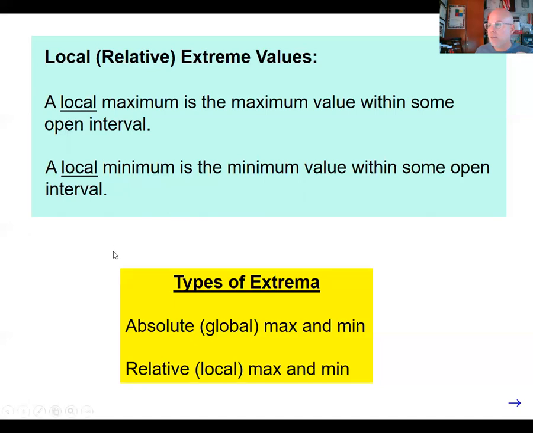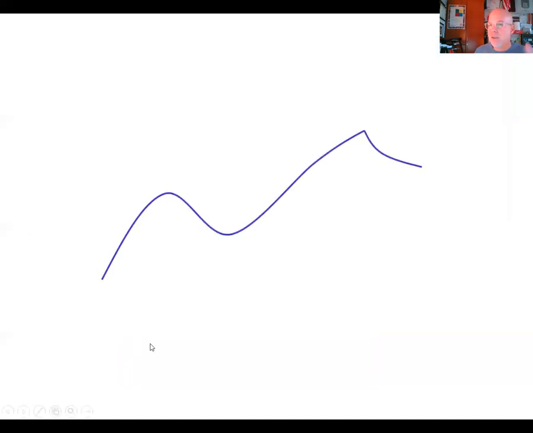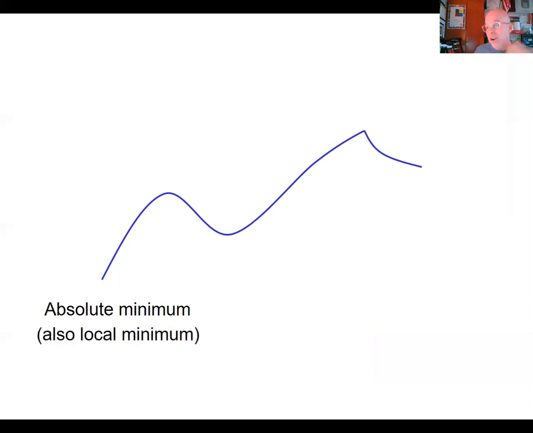So let's take a look at the graph. Some kind of crazy, funky graph here. So where are the maxes and mins and what types are they? Well, way over here on the very left, that is an absolute minimum or a global minimum, but it's also a local minimum or a relative minimum.